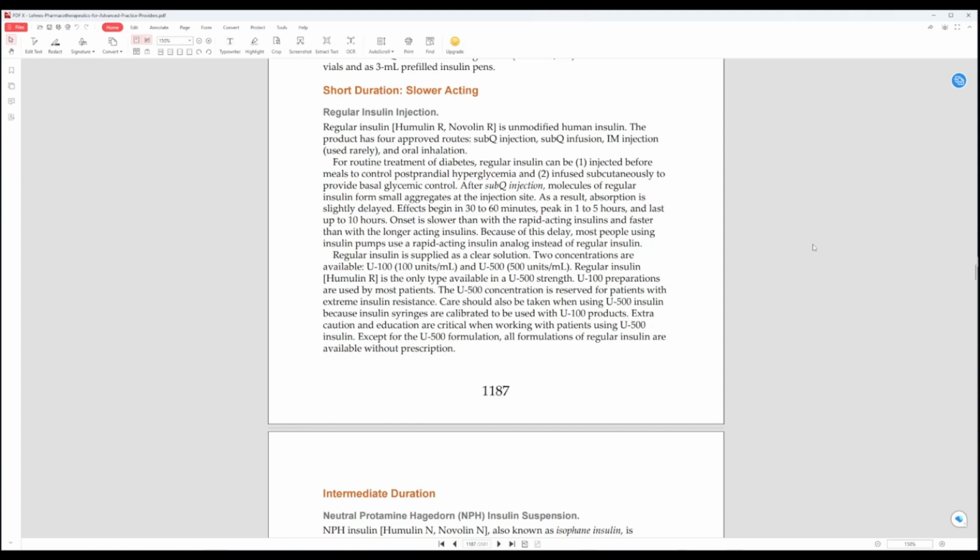Care should also be taken when using a U500 insulin because insulin syringes are calibrated to be used for U100 products. Extra caution and education are critical when working with patients that use U500 insulin. Except for the U500 formulations, all formulations of regular insulin are available without a prescription.